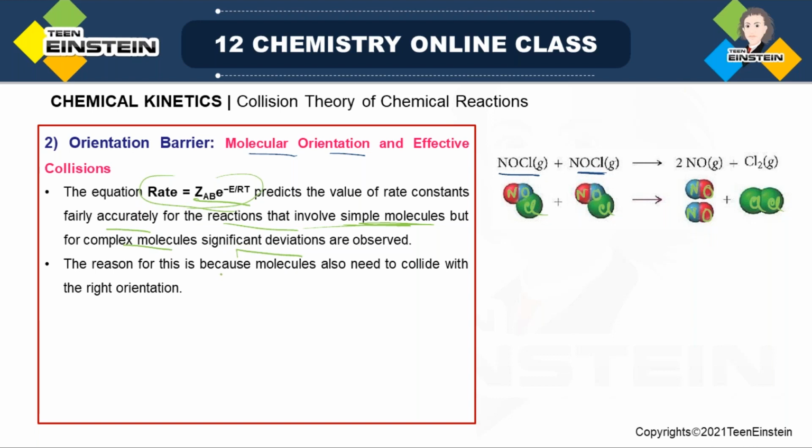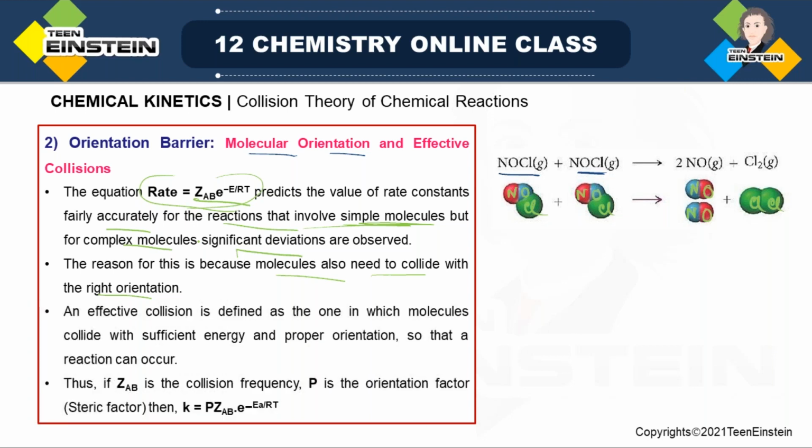The reason for this is that molecules also need to collide with the right orientation. When it is a complex molecule, achieving proper orientation is difficult. If it is simple, it is fine. But if it is a large and complex molecule, proper orientation cannot be achieved very easily. Now, what is an effective collision?